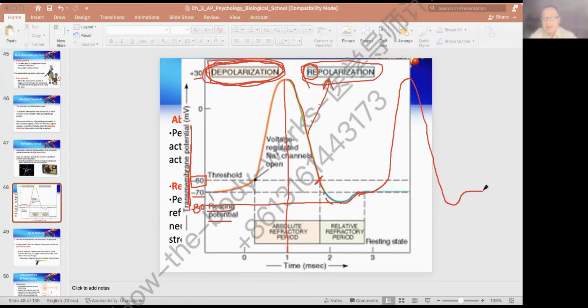Again and again, that is the repetition of depolarization and repolarization.